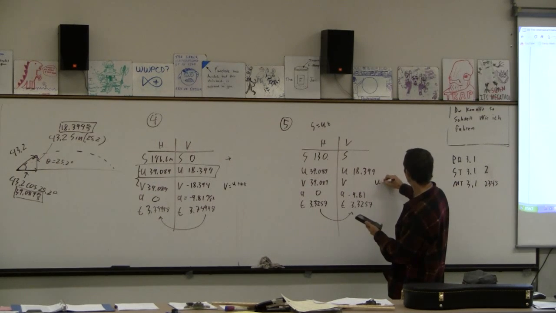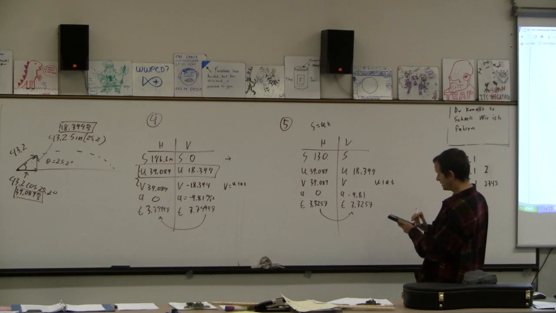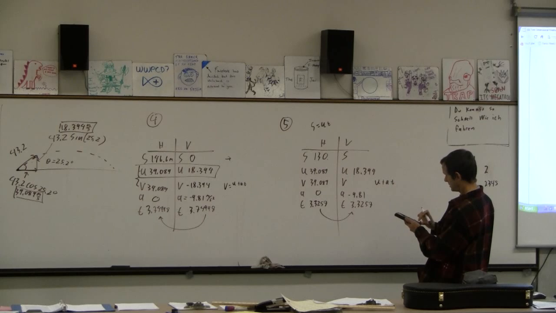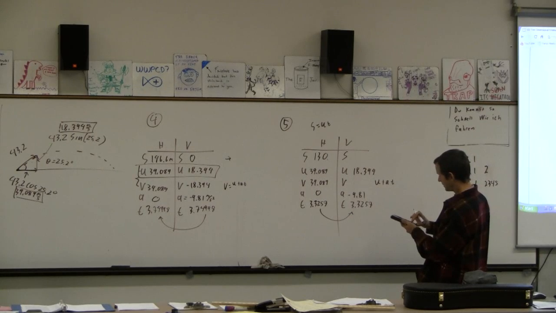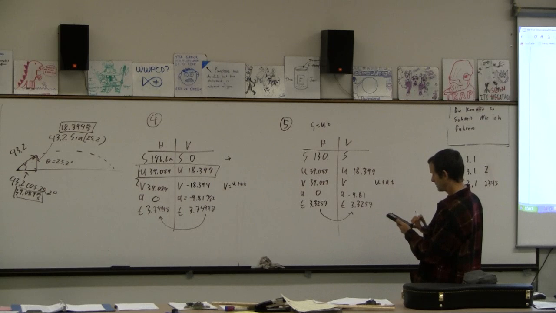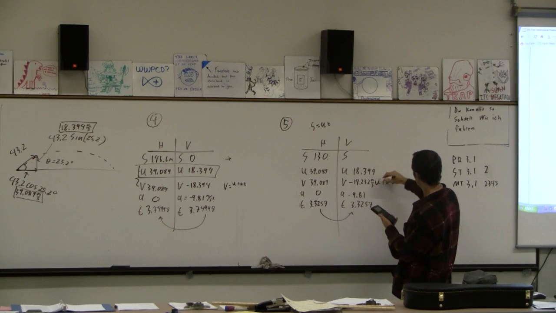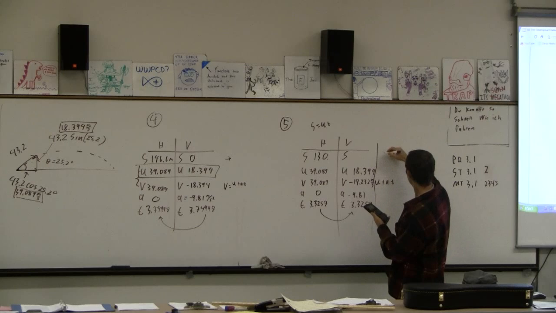This is v = u + at. So u is not 0, it's 18.394 plus negative 9.81 times t, which is 3.3257. And then I'm even going to find s here, because I can, ut + 1/2 at squared.